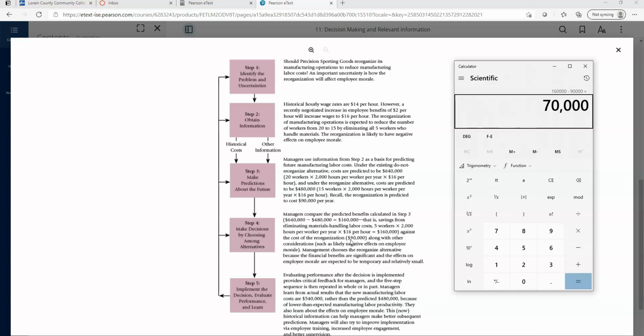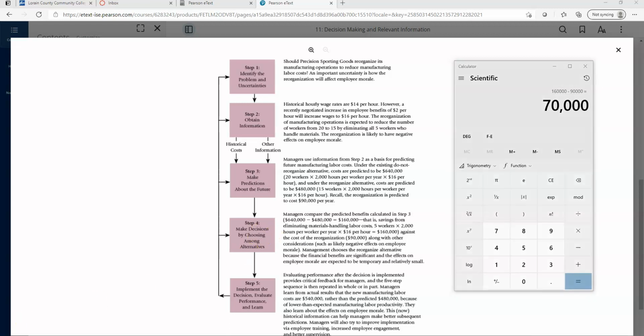And that's on a per year basis, along with considering qualitative information like negative effects on employee morale, and management decides to reorganize because the financial benefits are significant and they believe that any type of dip in employee morale is going to be temporary and relatively small.